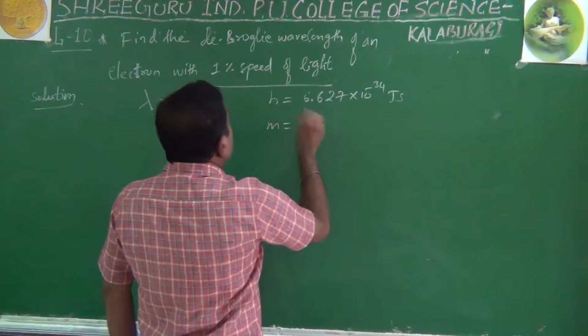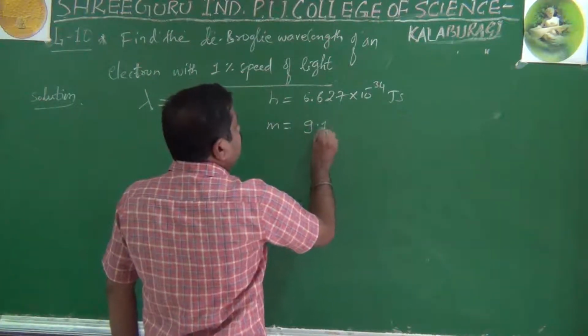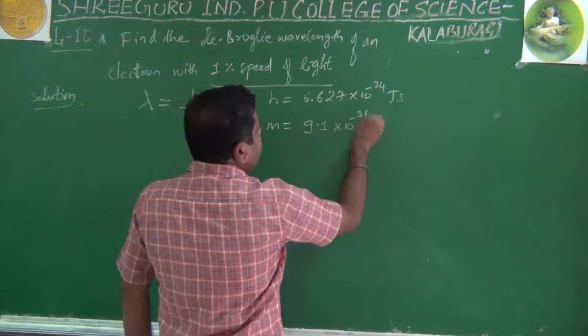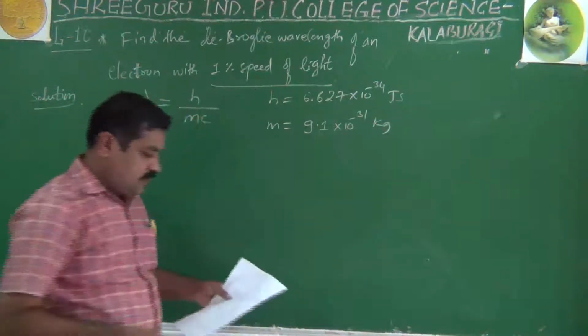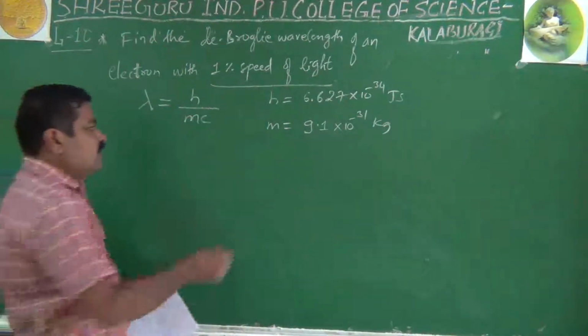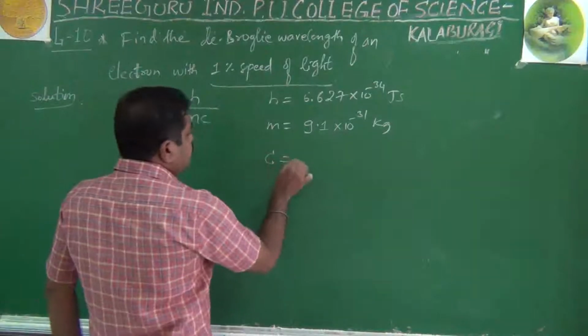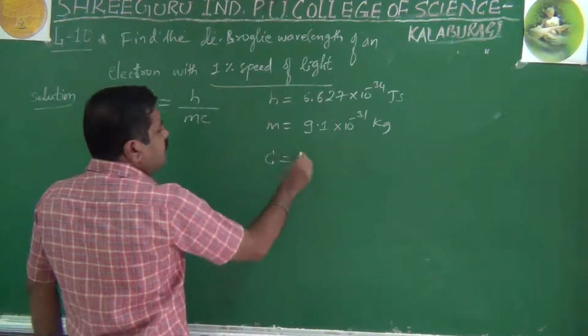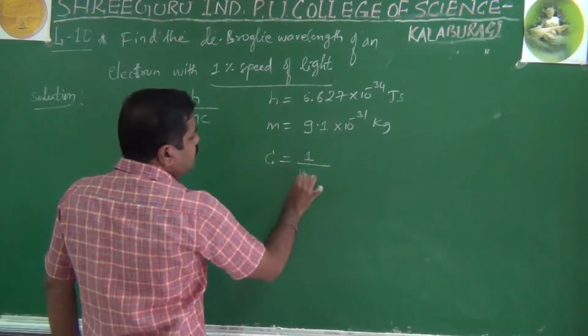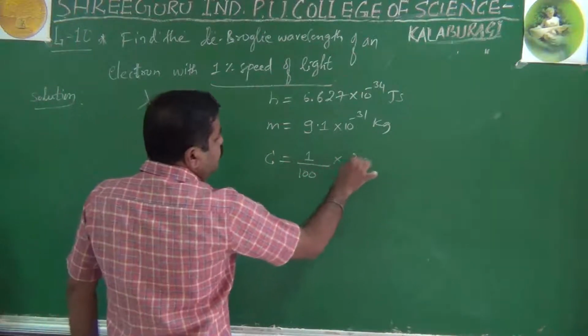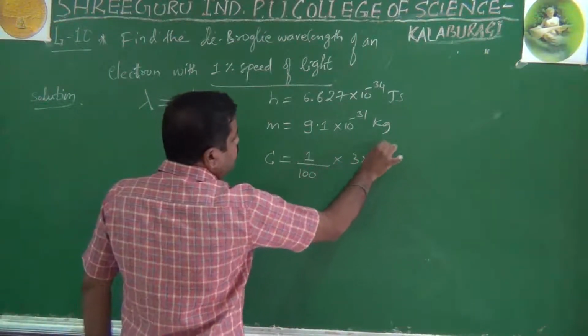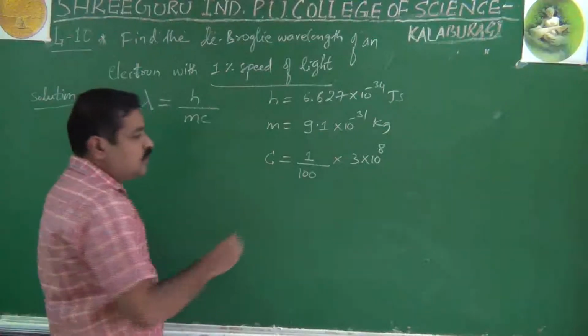Mass of electron 9.1 into 10 raised to minus 31 kg. If they are not given, you have to take that standard value. And the velocity, this is important here: 1% speed of light. 1% means 1 by 100 into 3 into 10 to the power 8, that is velocity of light in vacuum.